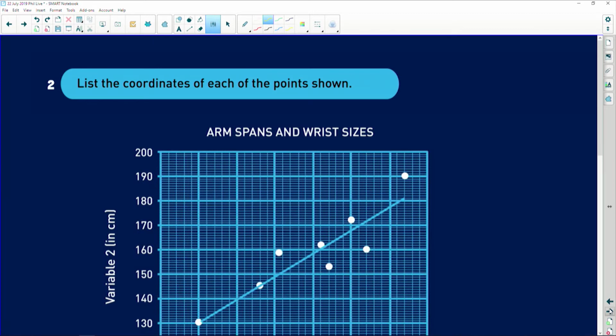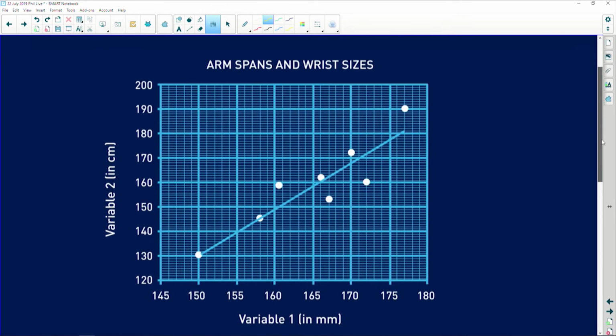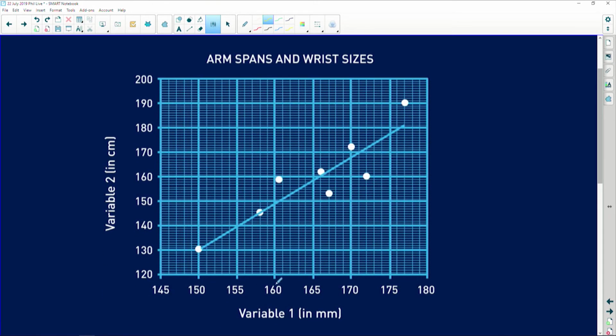Secondly, it says list the coordinates of each of the points shown. So you would have to go and look at the scatter plot, and remember coordinate pairs go in x and y. We said this was the x variable and that is the y variable, because that's how graphs are laid out. So for the first point here, x would sit at 150 and y would sit at probably 130 or 131, somewhere around there.